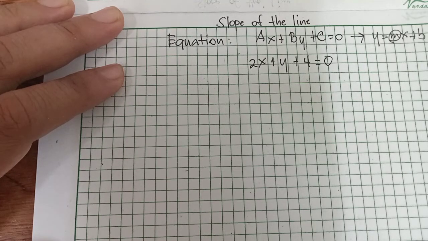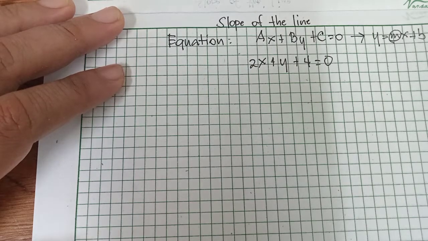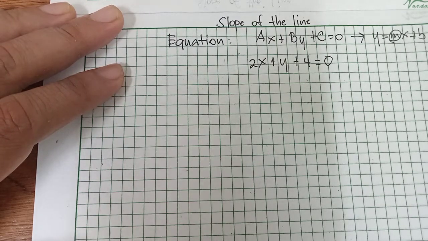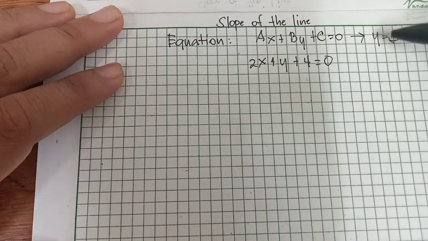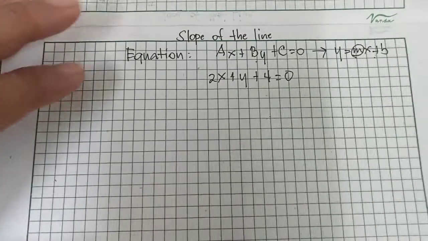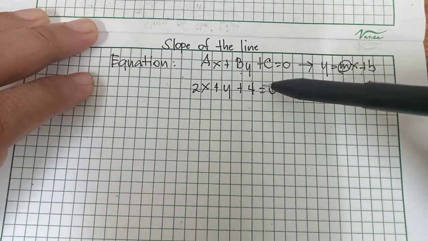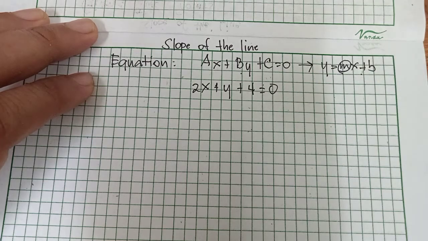The easiest way of solving for the slope of the line, if the equation is given, is that we're not going to graph anymore, and we're not going to solve for points and then use the slope formula. What we're going to do, the easiest way, is rewrite this one into y is equal to mx plus b. Rewrite our equation into y is equal to mx plus b.